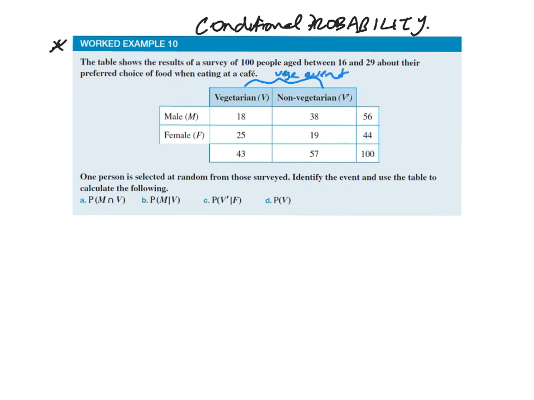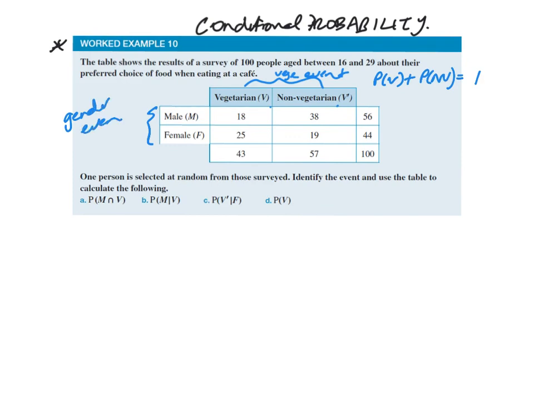I would say that vegetarian and non-vegetarian are mutually exclusive, and the probability of vegetarian plus the probability of non-vegetarian would equal 1. Here we have gender, so that's a second event. This is the gender event.